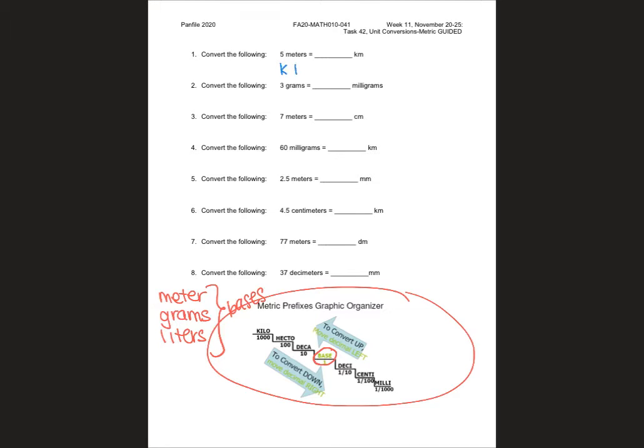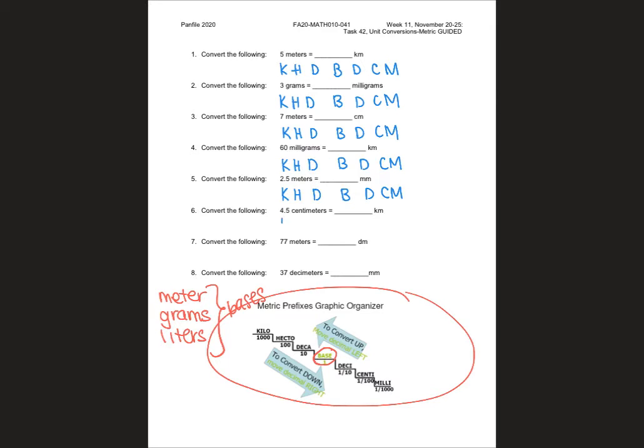I have K, H, D, B, D, C, M. And I'm just going to take a minute and write that under each one of these. Okay, so now I'm back.